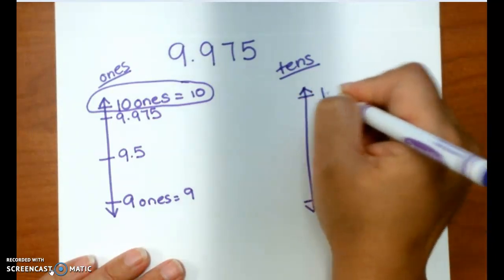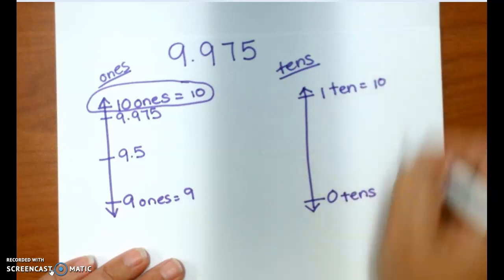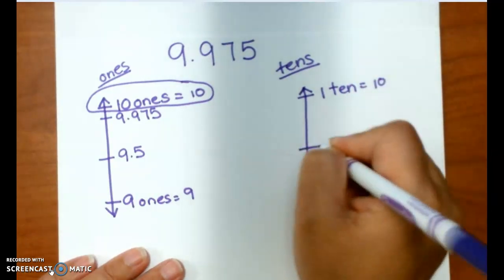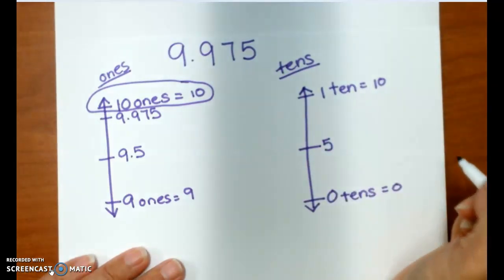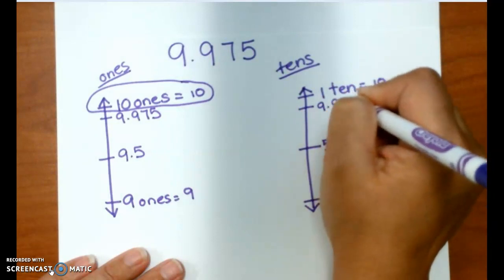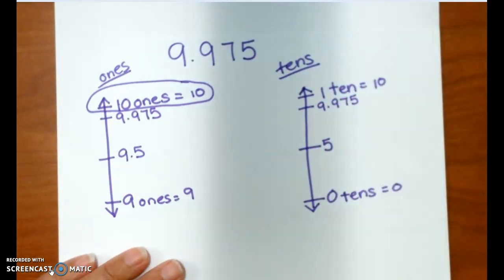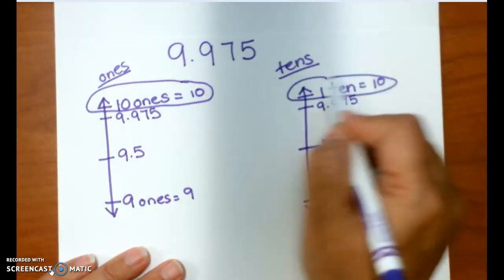Here I have 1 ten. In between, I have 5 ones. And again, my number is going to go up here. So 9 and 975 thousandths rounded to the nearest 10 is still 10.